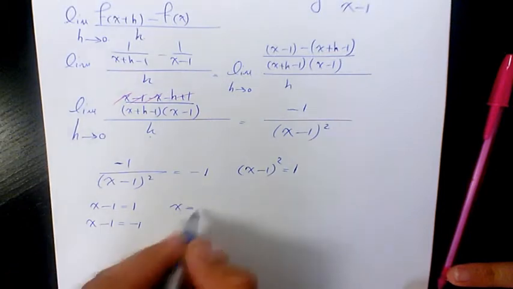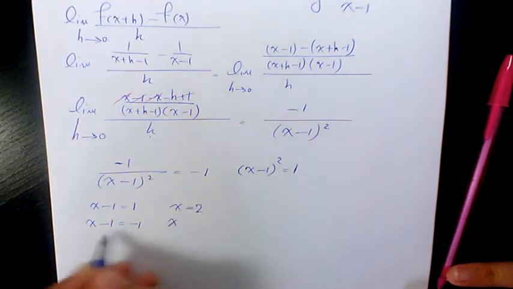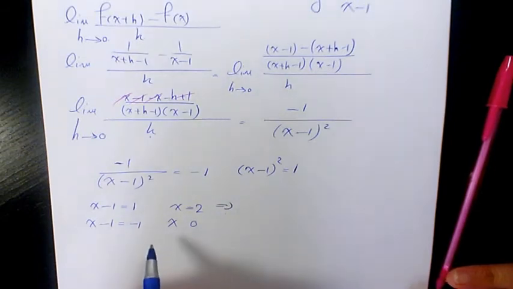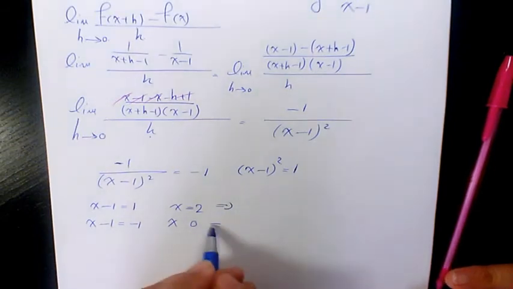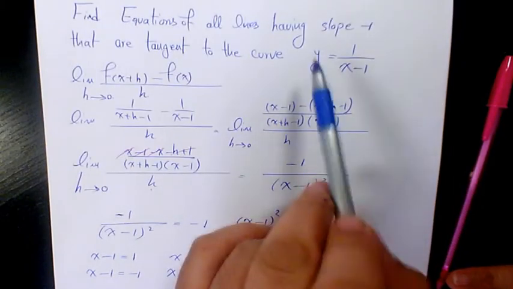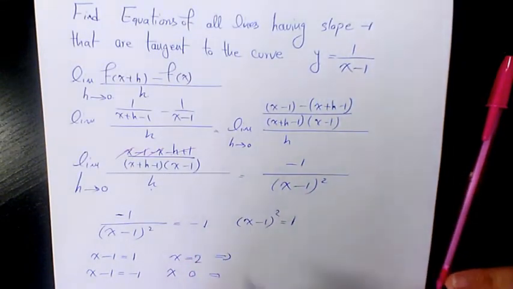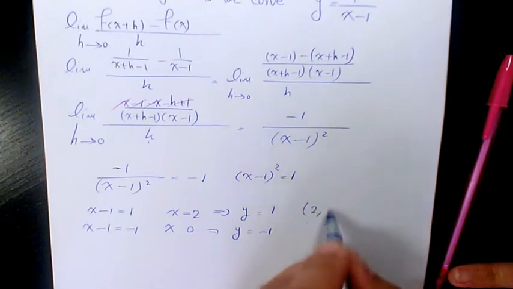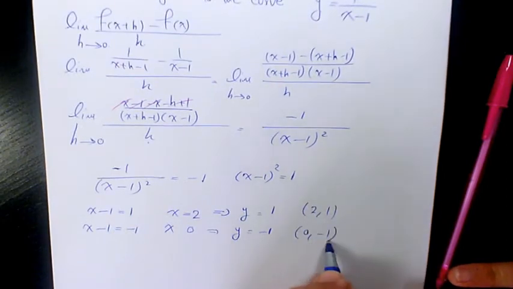So that's x equals 2 here, x equals 0. When you sub it in the original function, which is y equals 1 over x minus 1, y will be 1, and here y will be -1. So points are (2, 1) and (0, -1).